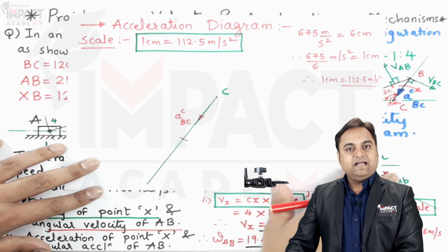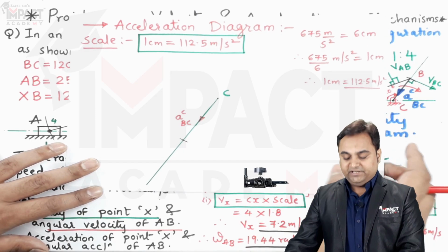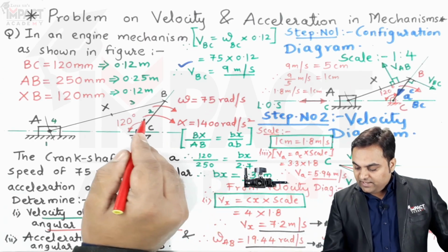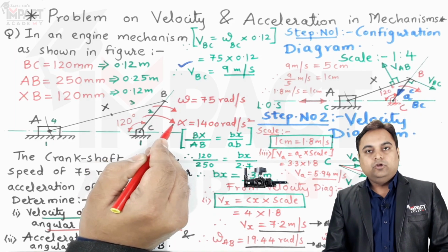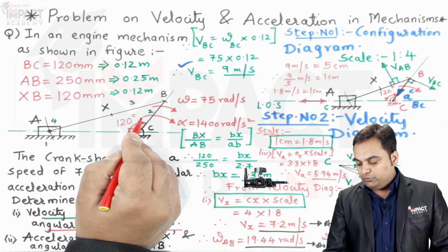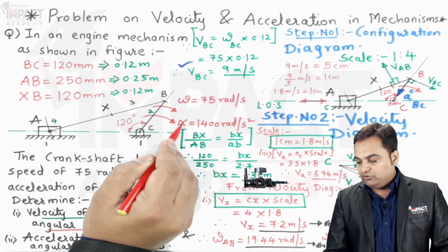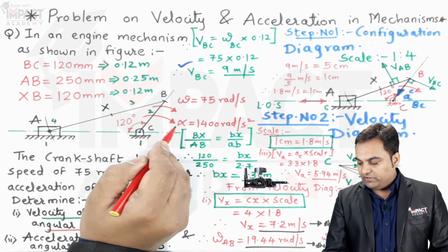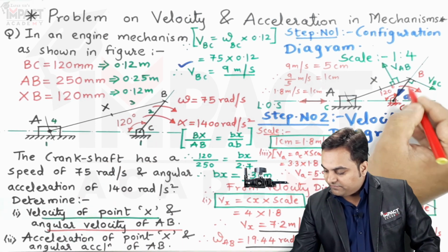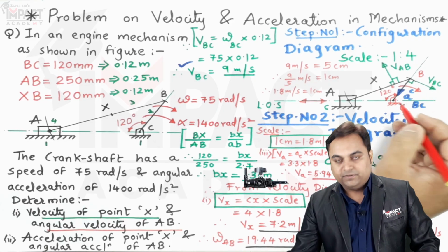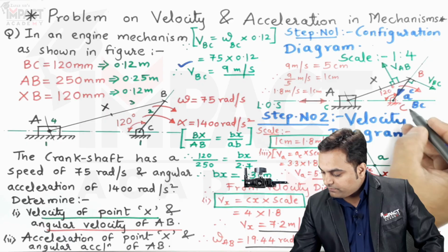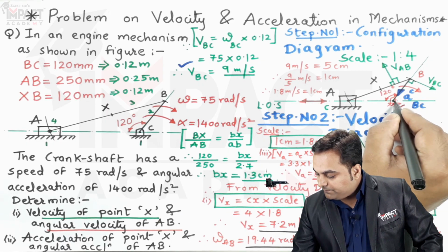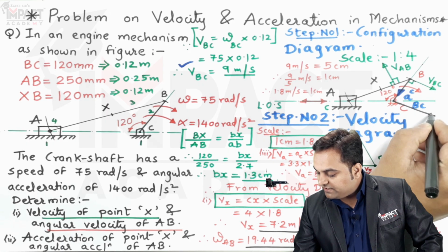In order to get the direction for the tangential acceleration, see into the problem, they have given the direction for the angular acceleration. It is also clockwise. So the tangential acceleration would be along the direction of angular acceleration. It means in a clockwise manner. So like centripetal acceleration is pointing towards the center, the tangential acceleration would be perpendicular to it, and it would be along this direction.